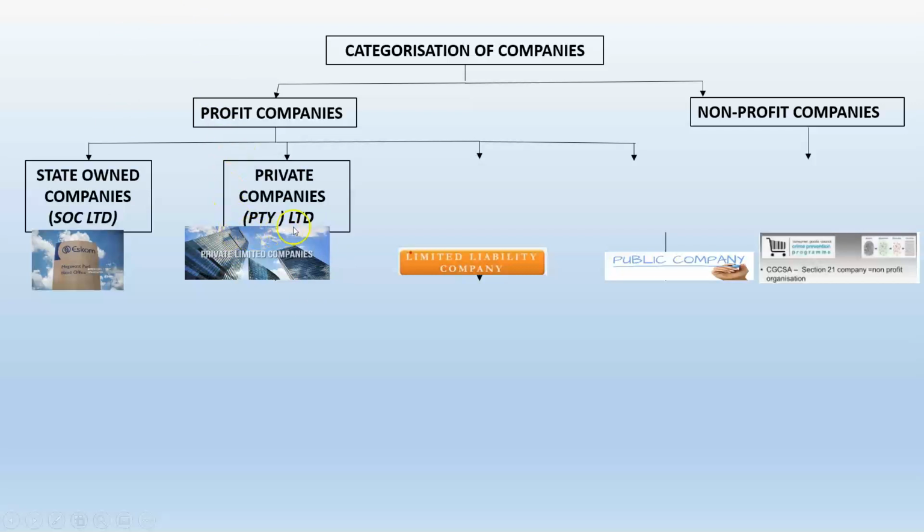The second one is a private company. Whenever you see the words Pty Limited, that is an indication that you are talking about a private company. For a state-owned company, the closing words are SOC Limited.